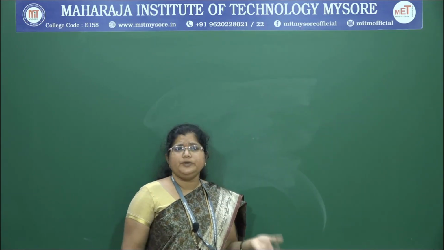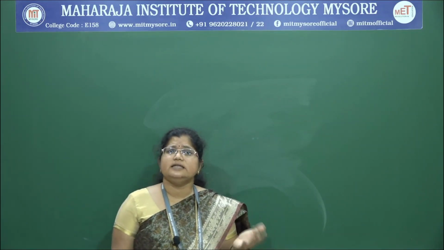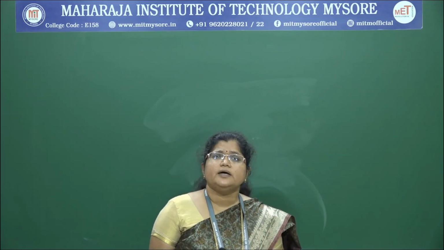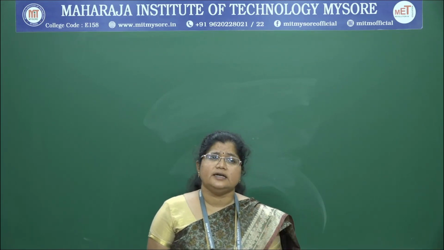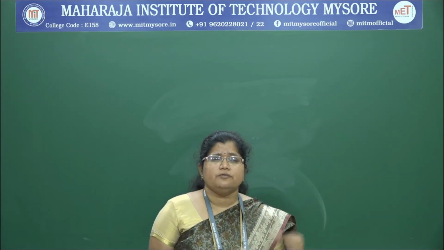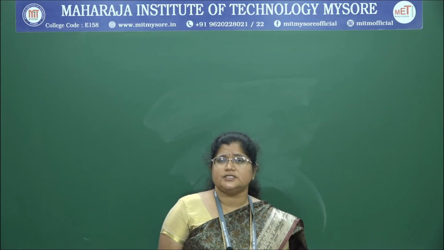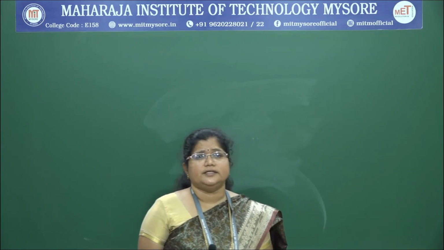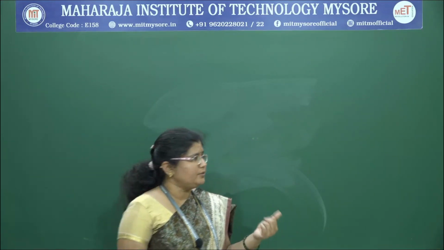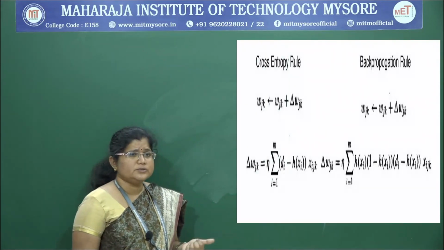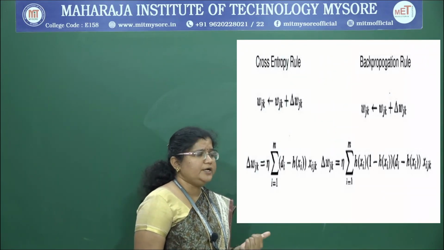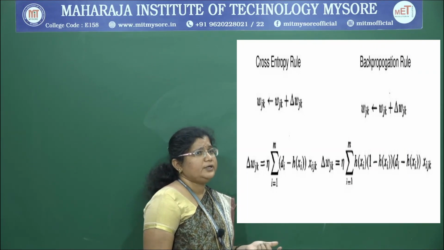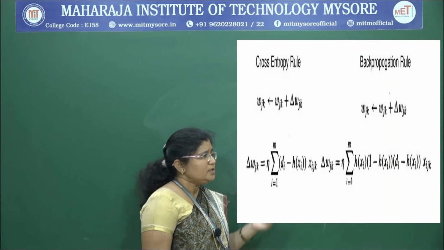Because we want to maximize rather than minimize P of d given h, we perform gradient ascent rather than gradient descent search. So, on each iteration of the search, the weight vector is adjusted in the direction of the gradient. As you all know, in the neural network class we studied the update rule, which we learn in the backpropagation algorithm.